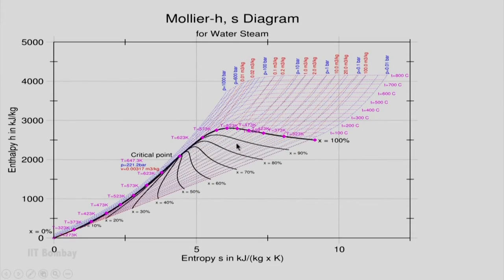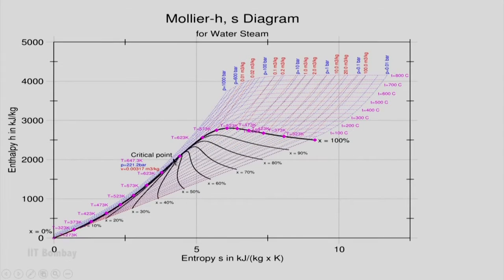A graphical interpolation may not be accurate, but that is sufficient to convey what it should. Also, what you see here are the different pressure lines. The blue lines are the pressure lines, P equal to 1000 bar, 600 bar, 100 bar, 10 bar, 1 bar, 0.1 bar and 0.01 bar. One can interpolate between these pressures also.